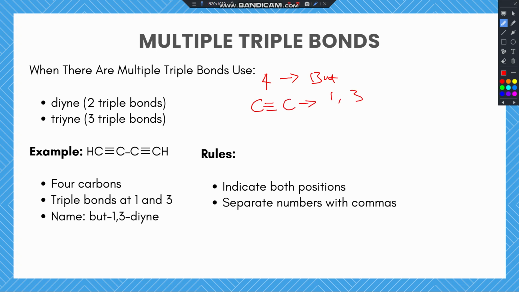So when we bring everything together, we start with the parent name, which is but, and then we indicate the positions of the triple bonds, which is 1, 3, and then we indicate the presence of two triple bonds using the prefix di, and then we add the suffix y, n, e. Let me rewrite that again.